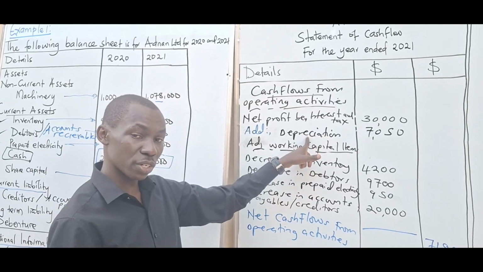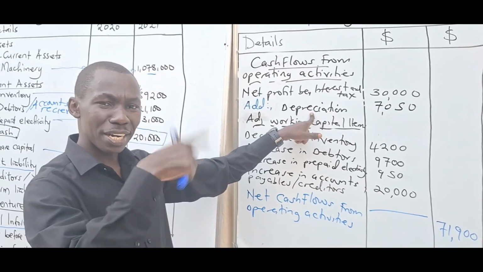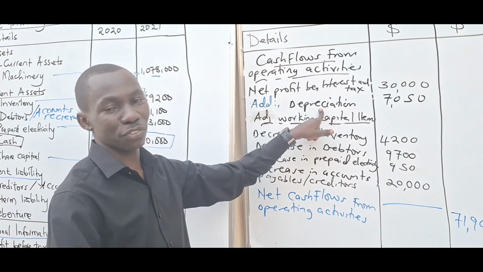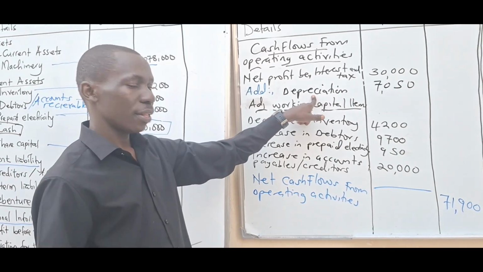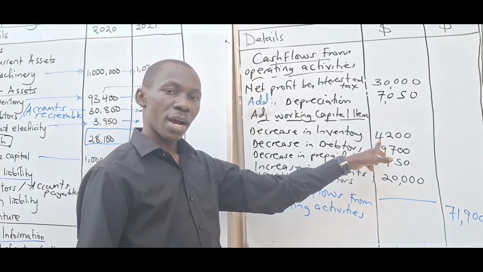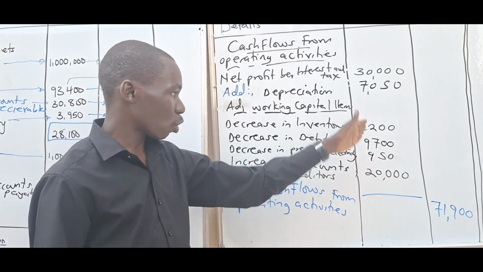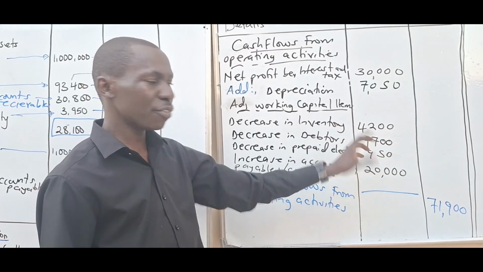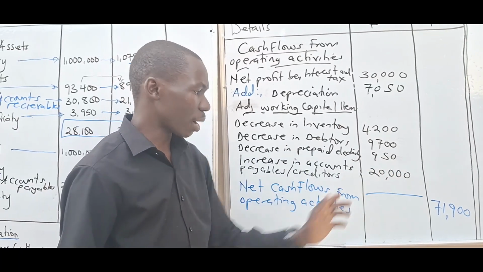Like depreciation, it was subtracted in the income statement as an operating expense. Here we have to add it back because under the cash flow statement, we're using cash basis. Then we go to working capital, where you either add or subtract. We are lucky that all our items here were cash inflows, that's why I'm adding them back. If we had any cash outflow, I would be subtracting.